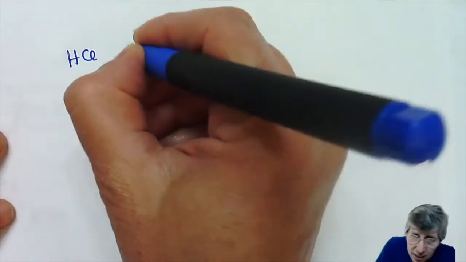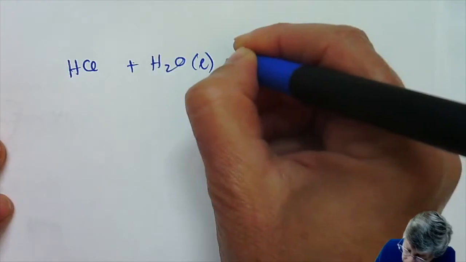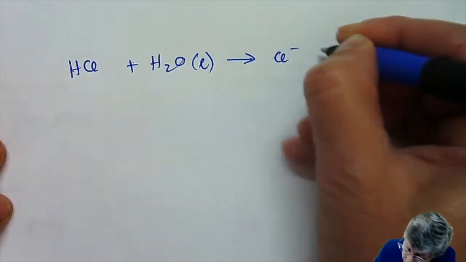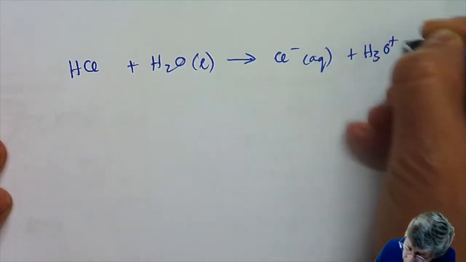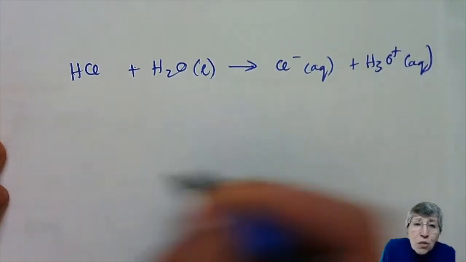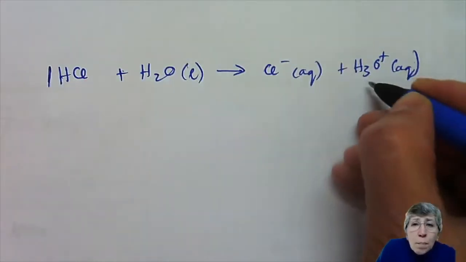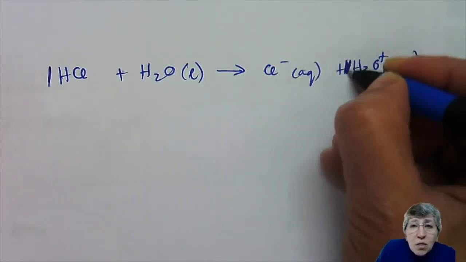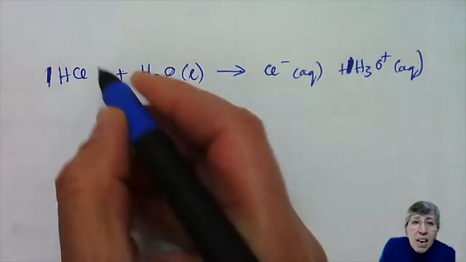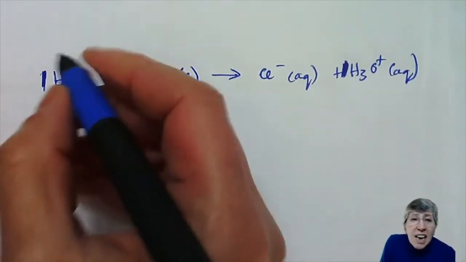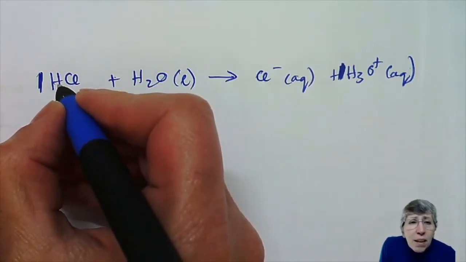What do I know about HCl? If that reacts with water, it will give you Cl- in solution and hydronium ions in solution, right? And if you look at the equation, you will see one of this will make one of that. One of this will make one of that. And what do I know about the HCl? The HCl is a strong acid. And what does that imply?